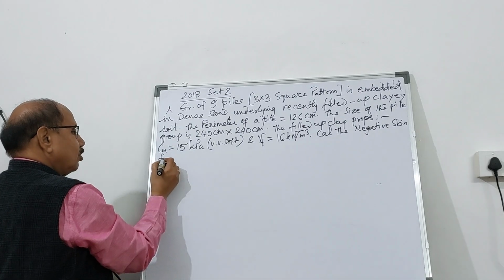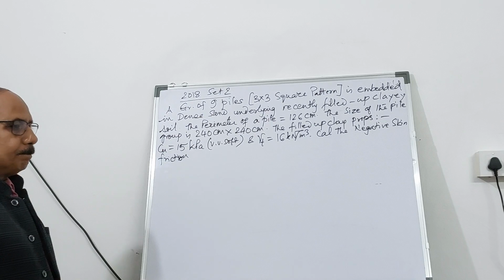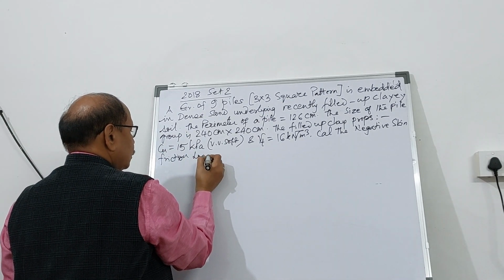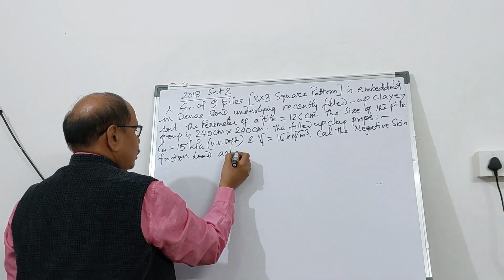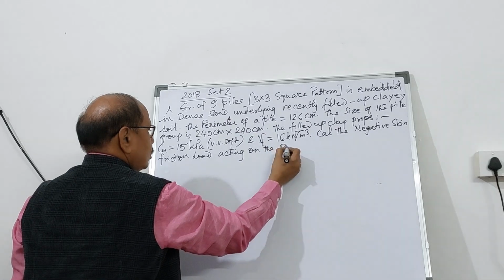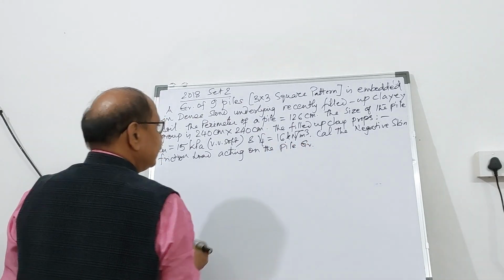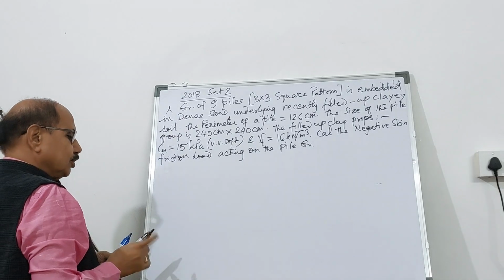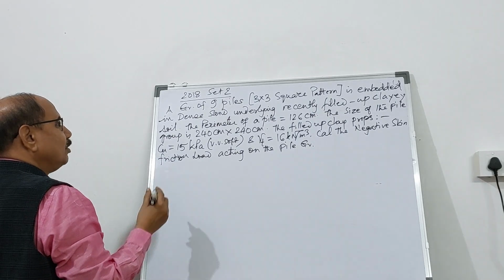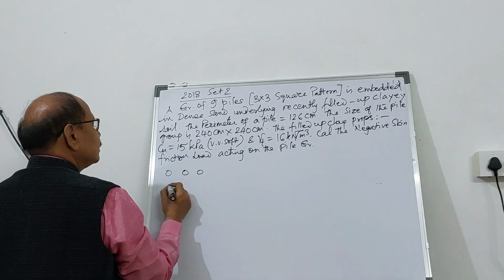Negative friction or negative skin friction load acting on the pile group. So you will have to calculate the negative skin friction that's going to act. So it's a simple problem. You have got the piles 3 by 3.